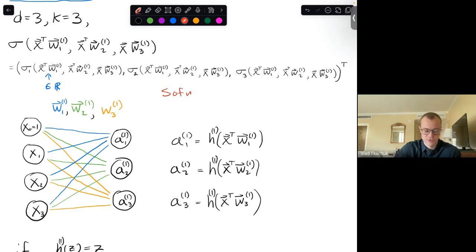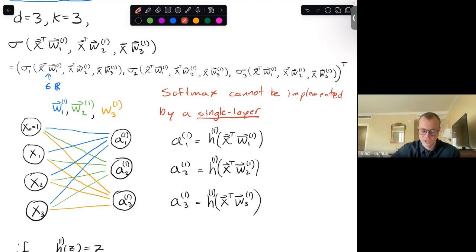So softmax cannot be implemented by a single layer neural network, at least in the way we've studied neural networks, the way the connections work.